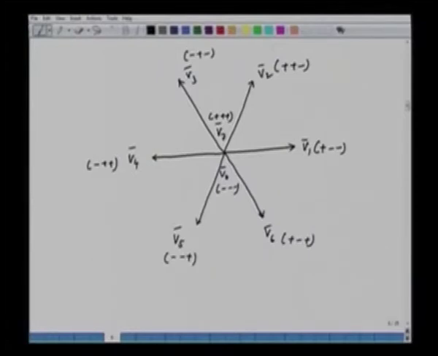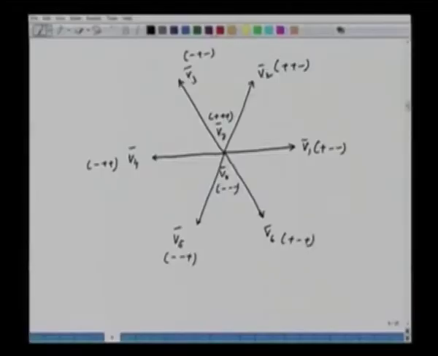In space we can have 8 possible voltage vectors, and we can divide the whole space into 6 different sectors. We can have a 30-degree angle, so what we are trying to do here is dividing the entire space into 6 different sectors.